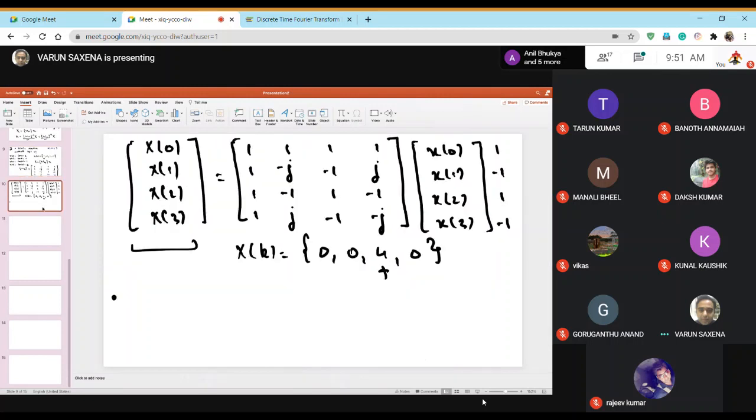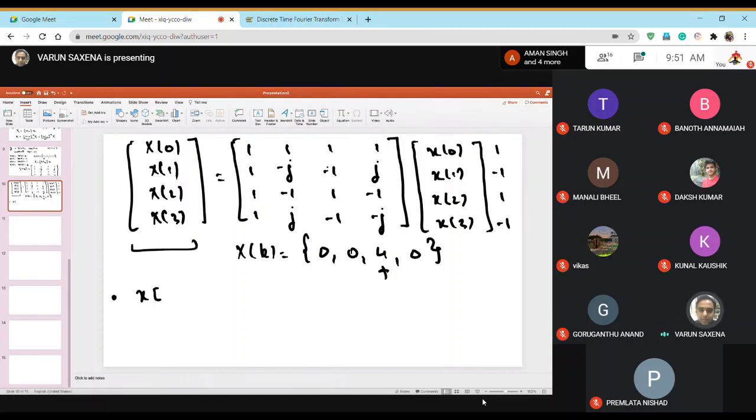As far as the matrix notation goes, it will always be good if you can write a matrix notation, but generally if it's a DFT of more than 4 points, for example an 8-point DFT or a 6-point DFT, the matrix is going to be 6 cross 6, and generally we go in multiples of 4.